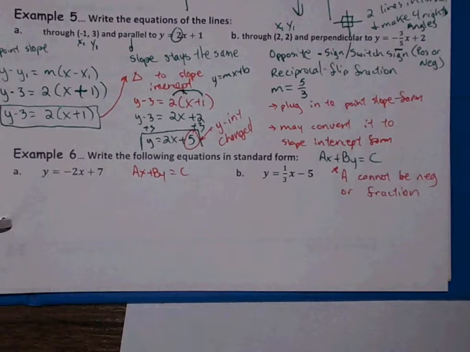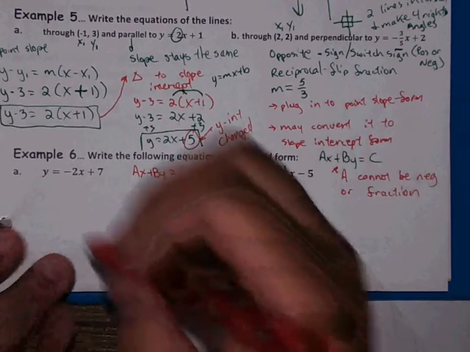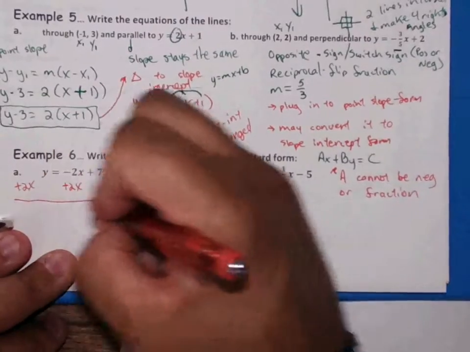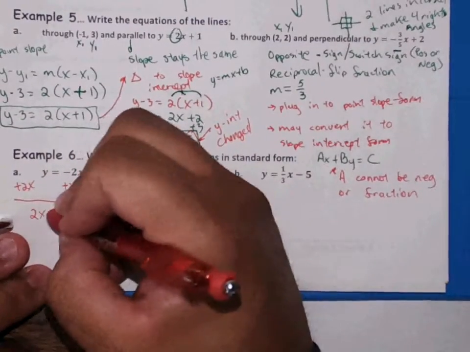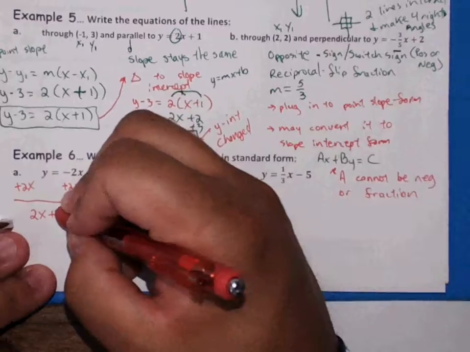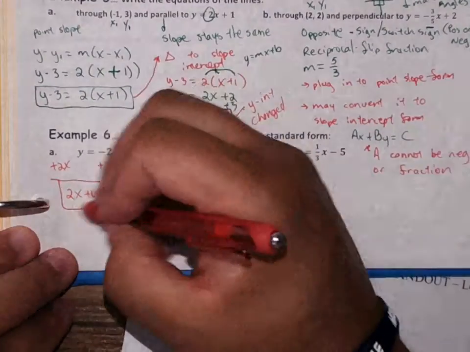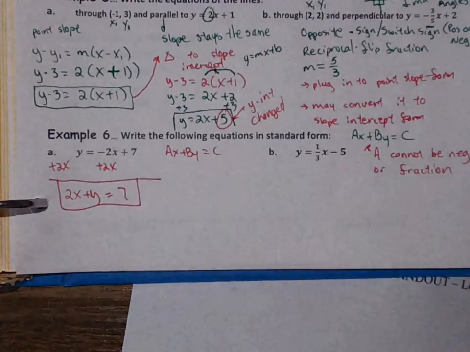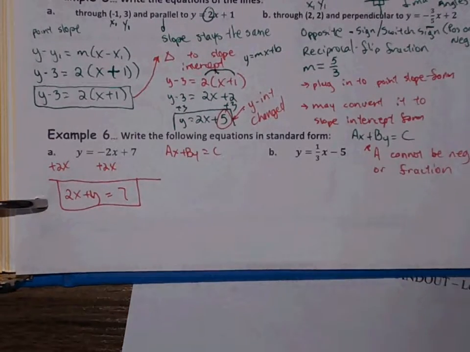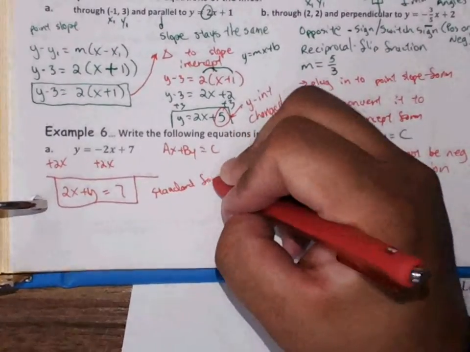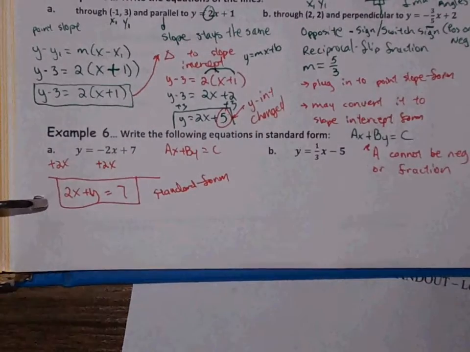Jamar, what would you do? You move the negative 2x over. So I'd add 2x to both sides. So you get 2x plus y equals 7. And that's it. This one's in standard form.